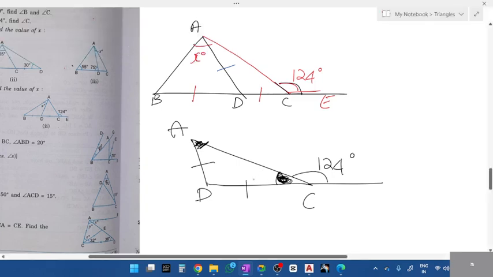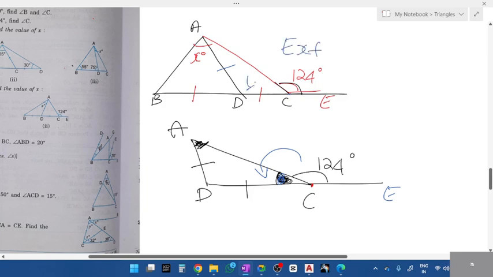Fine. How will you apply the concept here? How will you find angle ACD? Who can answer? 124 degrees given. How will you find this inside value? Correct, 180 minus 124. Very good. Interior plus exterior, because angle C is split into two parts. It has one exterior and one interior.